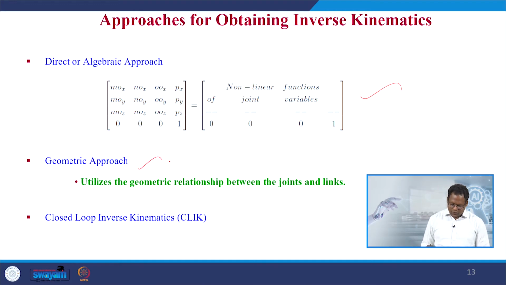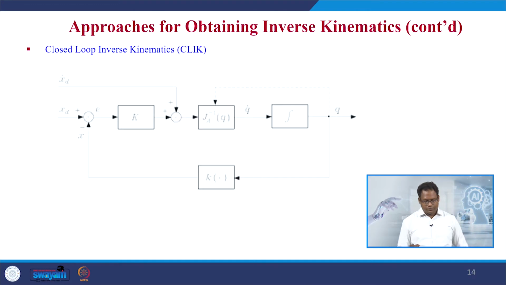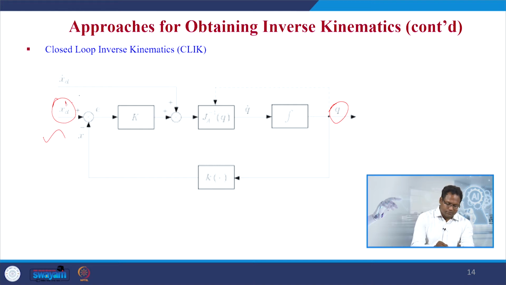Now coming to the closed loop inverse kinematics approach, the block diagram is given here, where given the desired Cartesian position of the end effector, we need to have the joint angle formed by this closed loop inverse kinematics, so that the robot tip can reach xd.